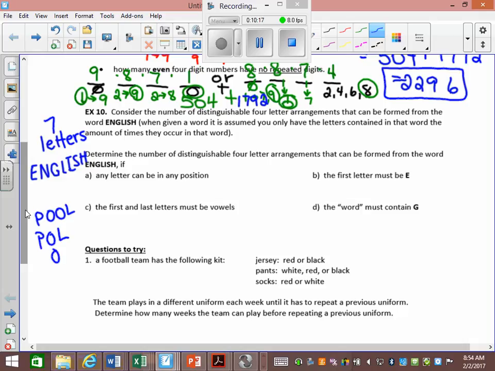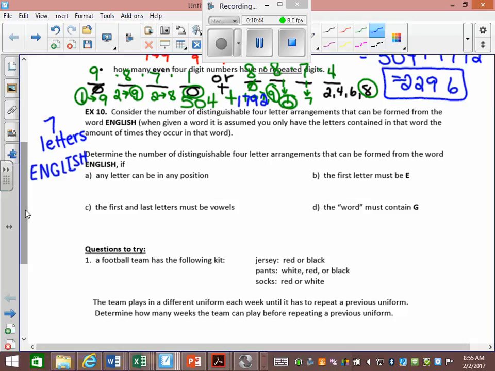And the reason why I do that is the moment I have repetitions, I have to remember to do something about it, which we haven't learned yet. So whenever I get a word, I rewrite it, and whenever there's doubling up of letters or tripling up of letters, I write them underneath so that it reminds me, oh, there's a step I have to do if I have that happen. Okay, so yes, English looks ridiculous because it doesn't have any double ups, but if you had pool, you would see the difference. Okay, all right.